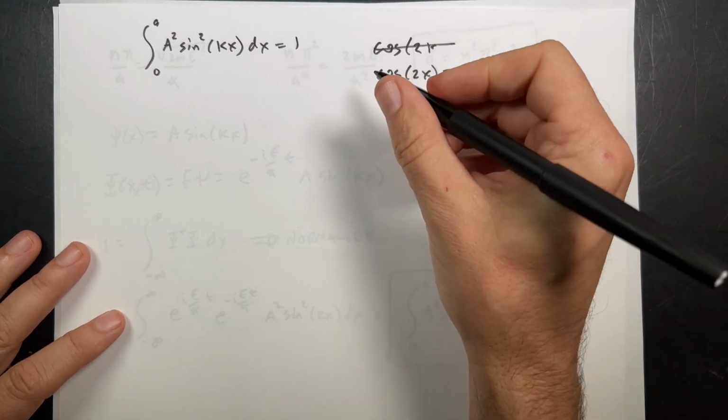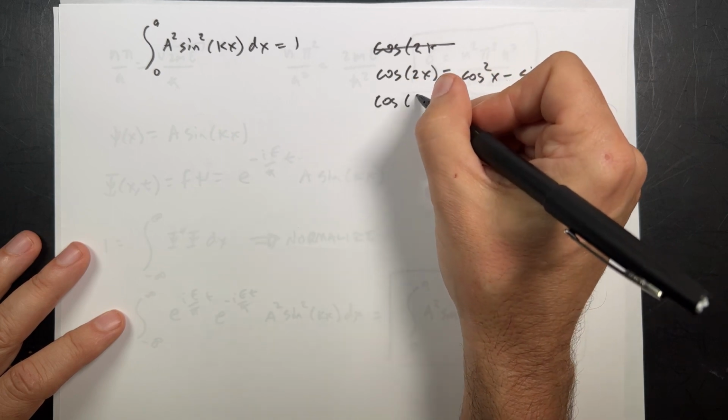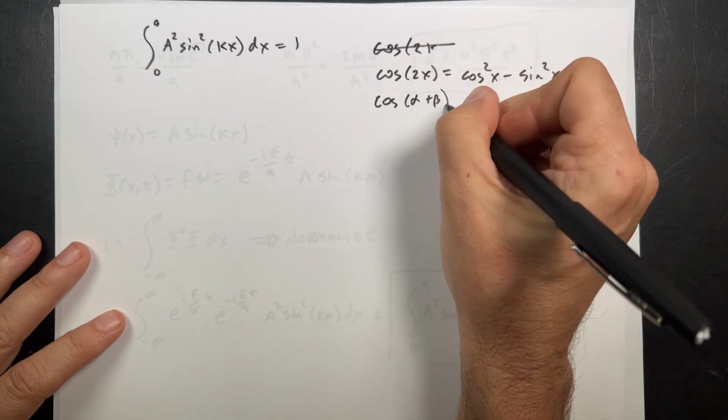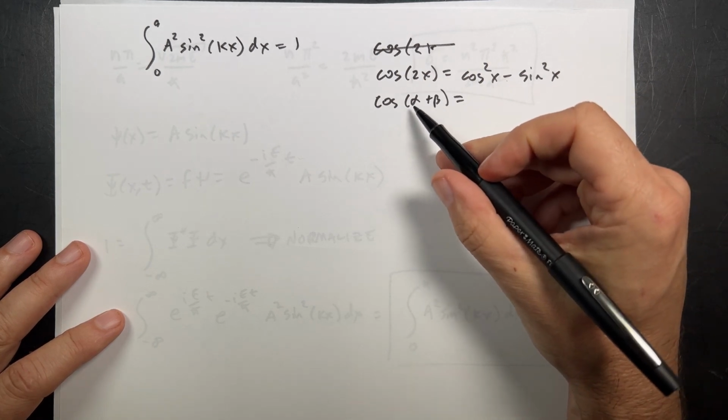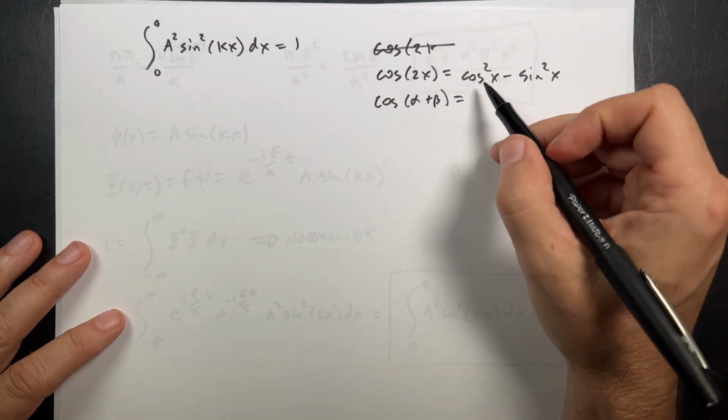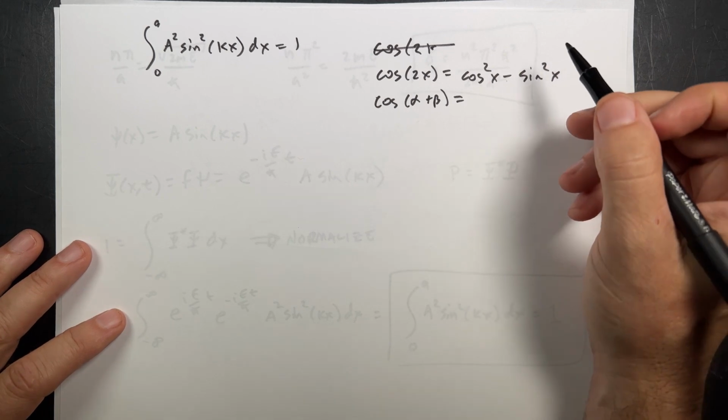This comes from cosine of alpha plus beta, but if I put in x and x, I get 2x, and then my term gets this. That's where it comes from.